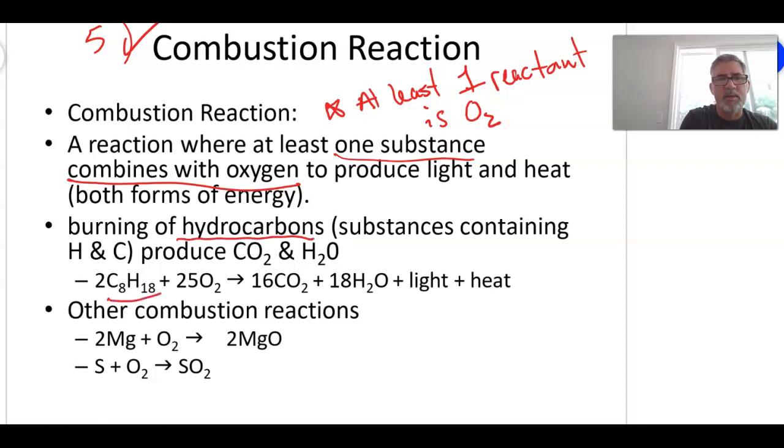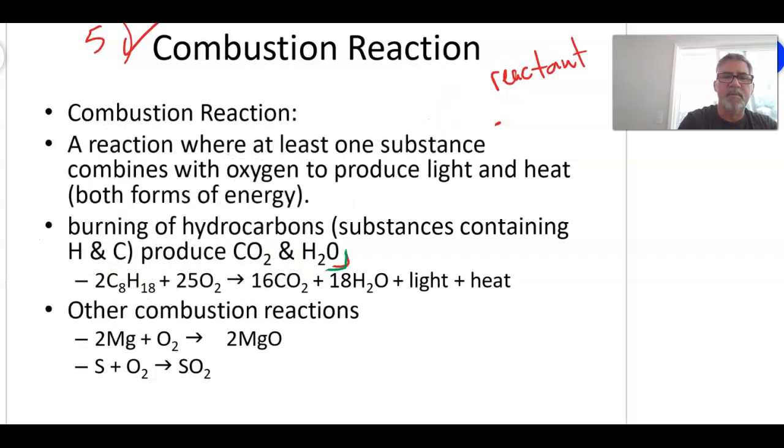If you look at this right here, that's a hydrocarbon, because I have carbon and hydrogen. That's all it's made of. If I have a hydrocarbon and oxygen, it always produces water and CO2. Let me erase some of this stuff, it's kind of busy.